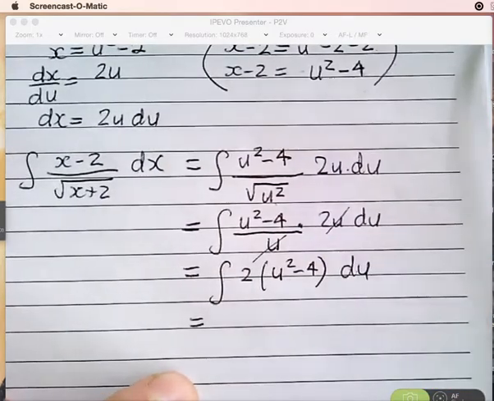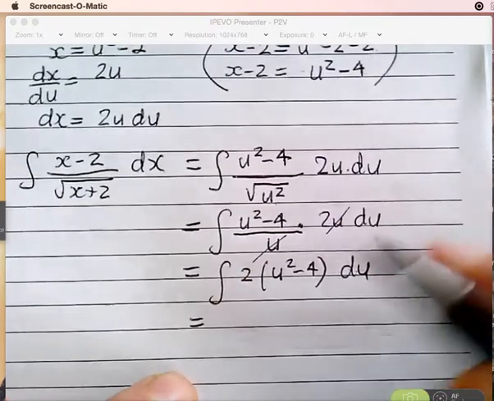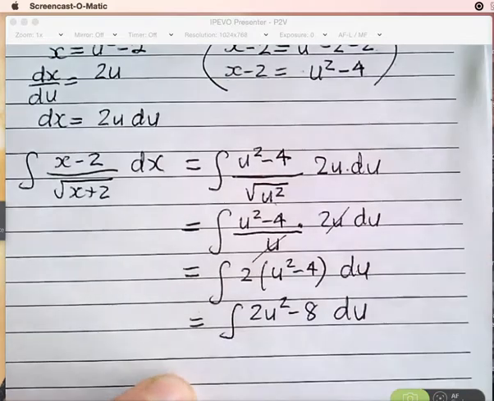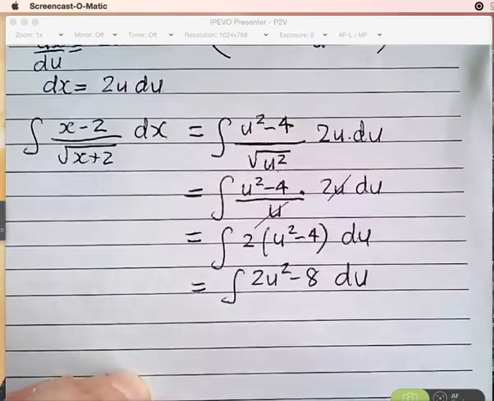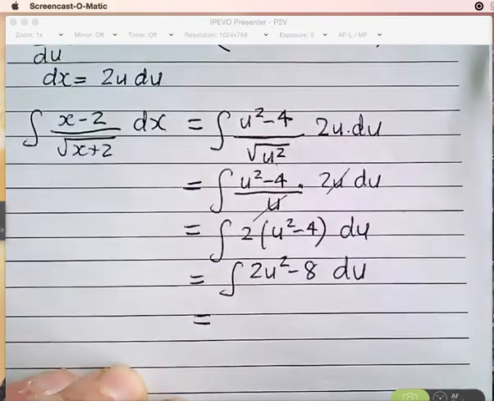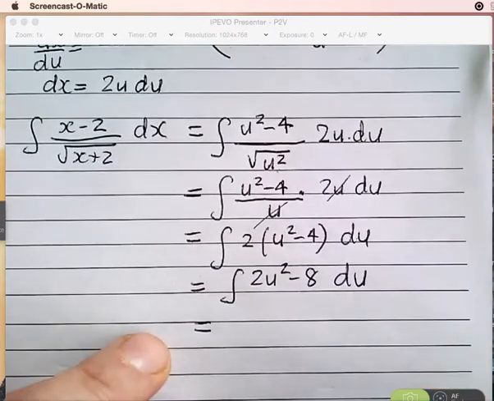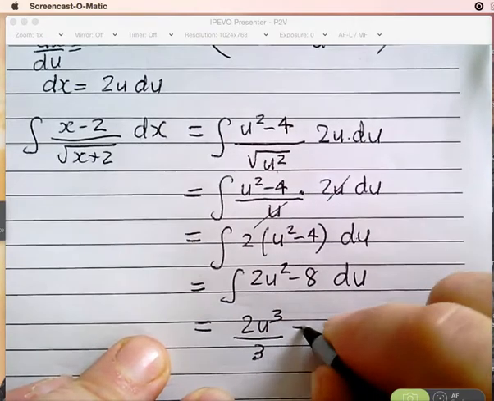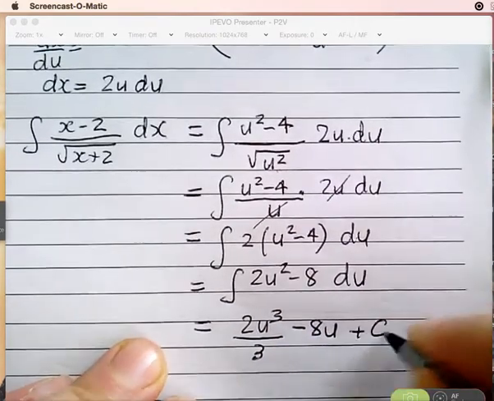You can take the 2 out, or you can just integrate 2u squared minus 8. You can do that as well. Which is 2u cubed over 3 minus 8u plus c.